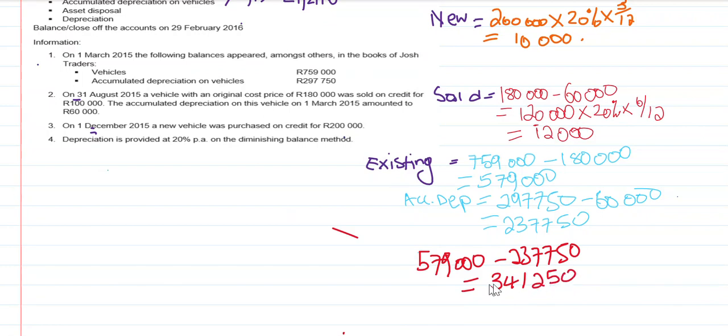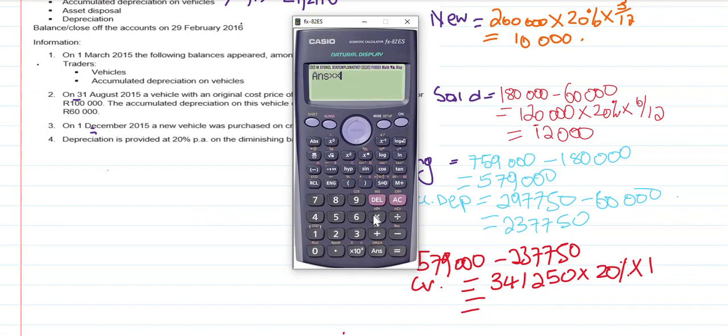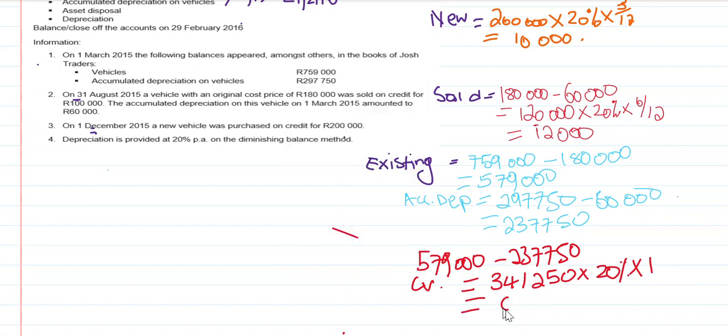So this is the carrying value now. When you want the depreciation, you just multiply this by 20% and by 1. The answer will be 68,250.